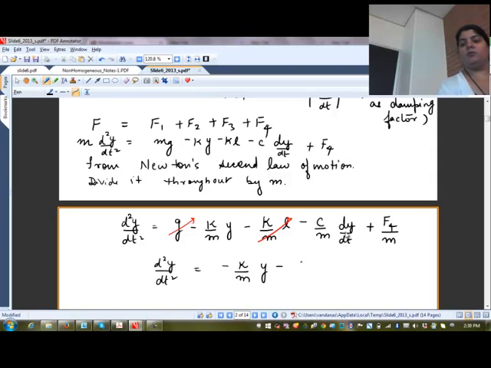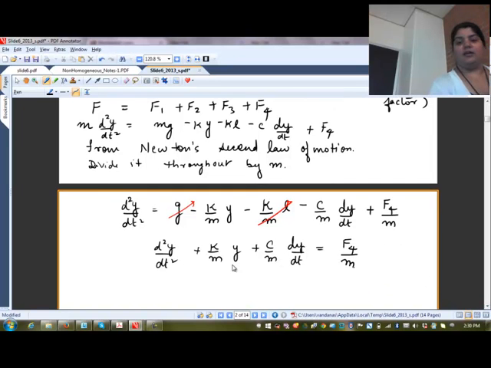Let me push the terms y and dy over dt to the left hand side. So that will give us plus k over m y plus c over m dy over dt equals f(t) over m. So can you see that we end up getting here a differential equation. So that's exactly what a vibrating mechanical system is all about.